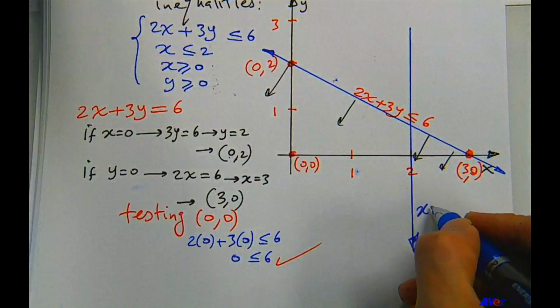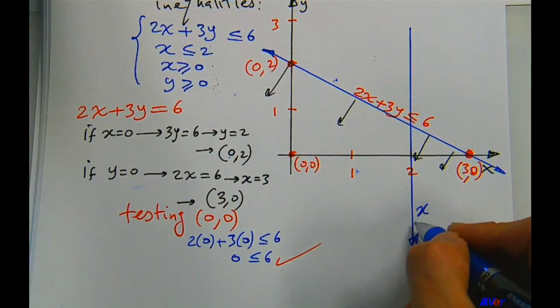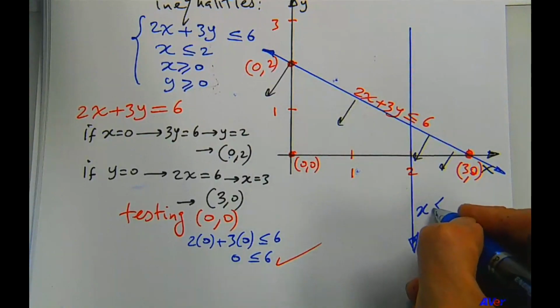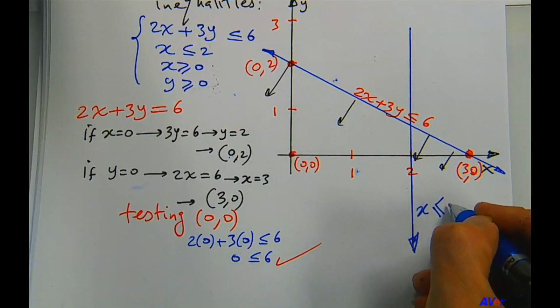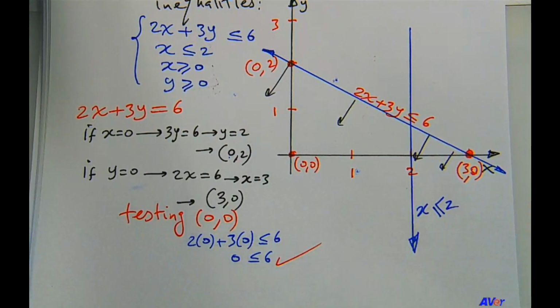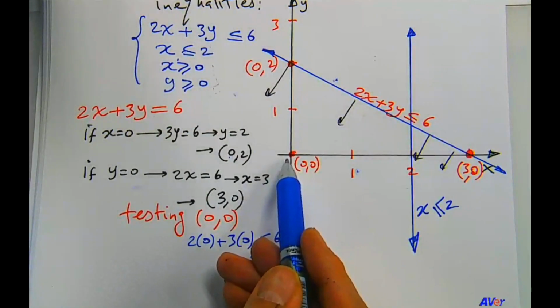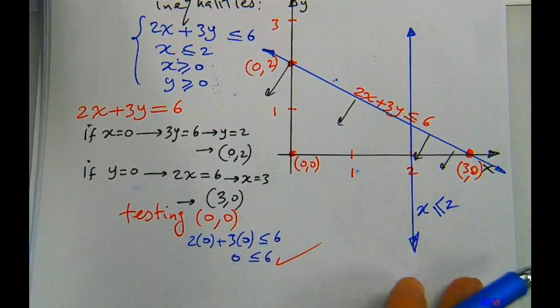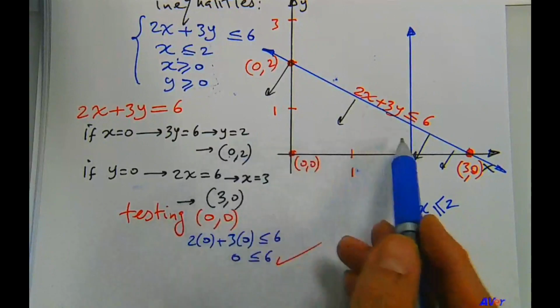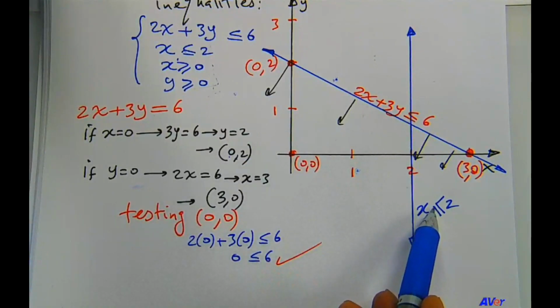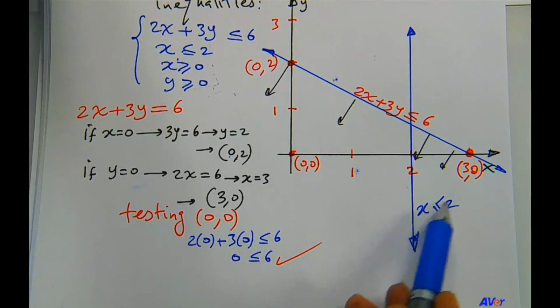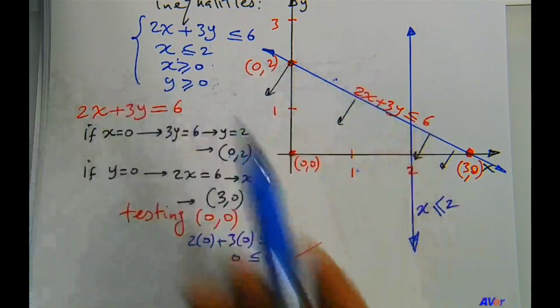So this boundary line is associated with x less than or equal to 2, right? That one. Okay, so for this one, we don't really need a test point. You can pick 0, 0 again, but it would be on this side. It's obvious that any x values that are less than or equal to 2 are all on this side.